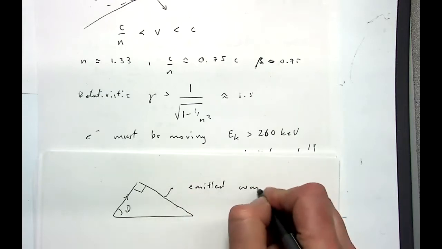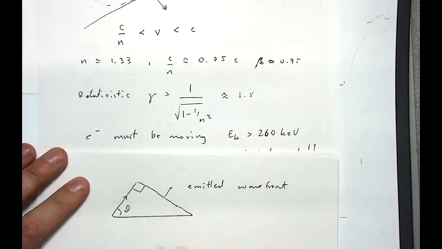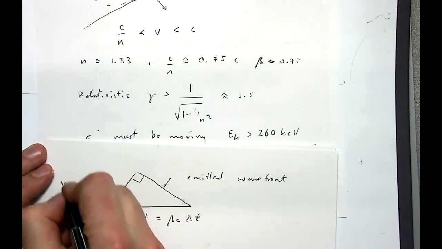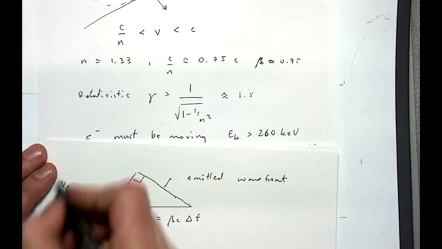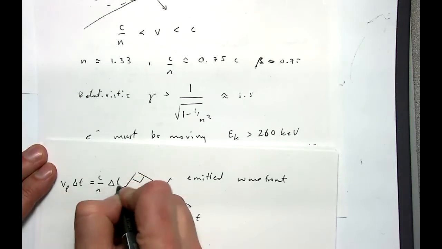I imagine what's happening over that time step delta t. The charge is moving with v delta t, which is equal to beta c delta t. And the wavefront has moved by whatever the phase velocity is at that wavelength times delta t, which is equal to c over n delta t. Again, pretty simple.